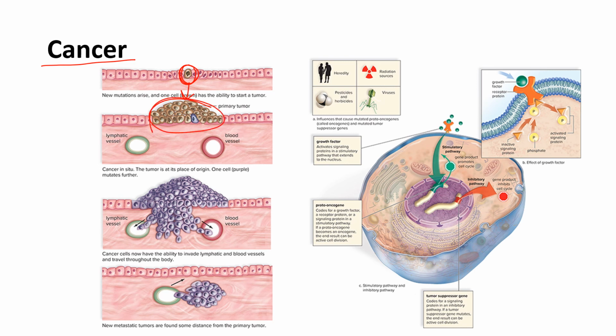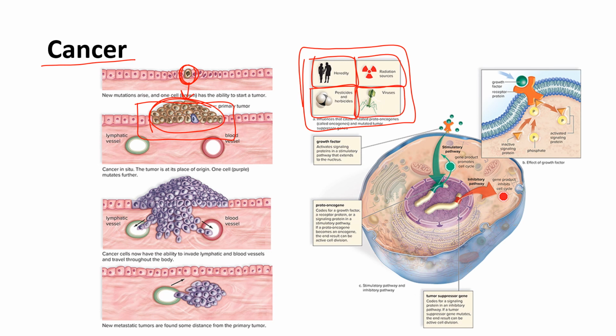So a mass of cells that interfere with the function of the normal tissue. And there are many different ways to acquire mutations that could lead to cancer. There's heredity. You can inherit a mutation from one of your parents. You can be exposed to radiation or exposed to chemicals, or again, even viruses. We are finding a lot of viruses are actually associated with triggering cancer.